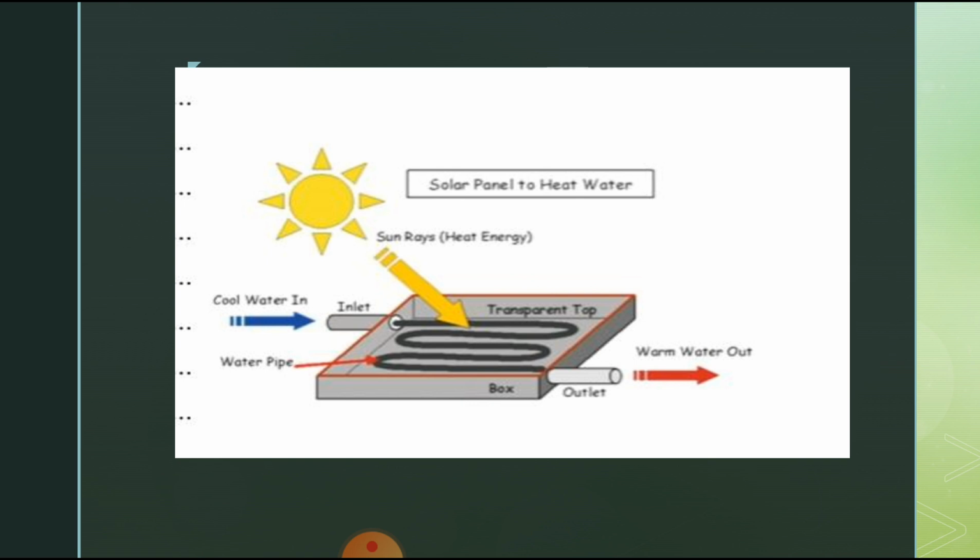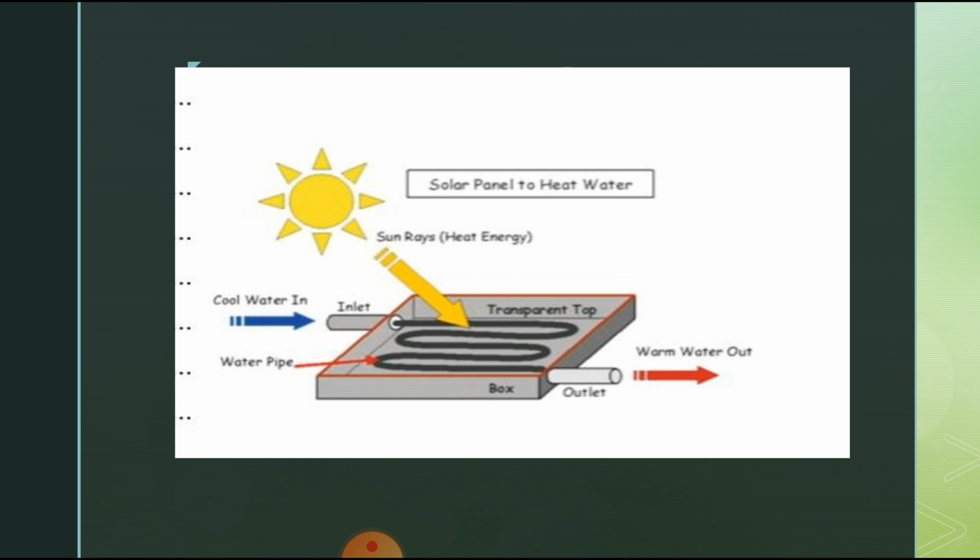Inside that, water is pumped up to a solar panel on the roof, and passes through metal pipes inside the panel, where it is warmed by the sun. The heat energy is what we receive from the sun rays.